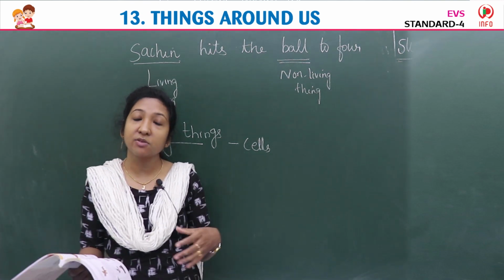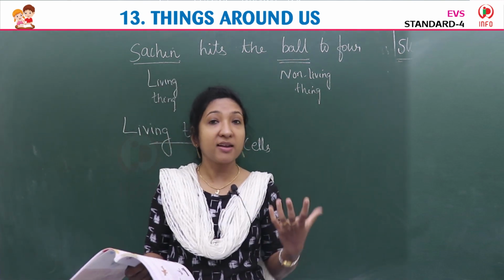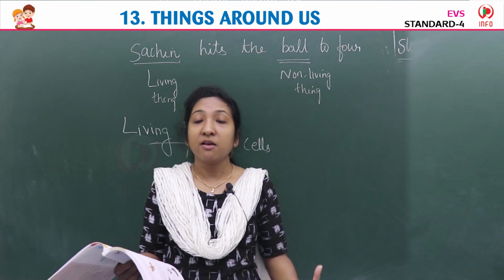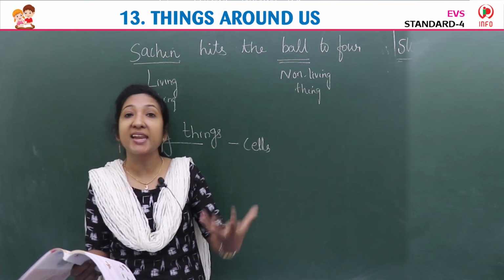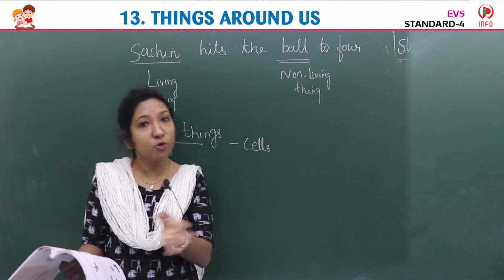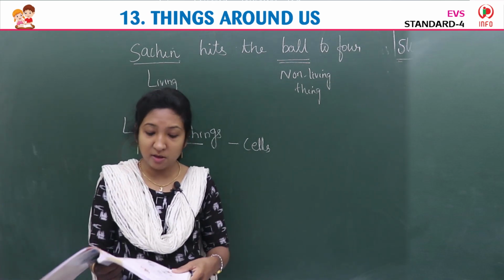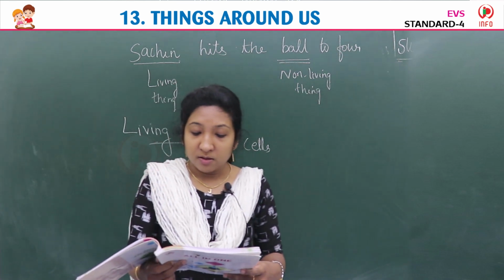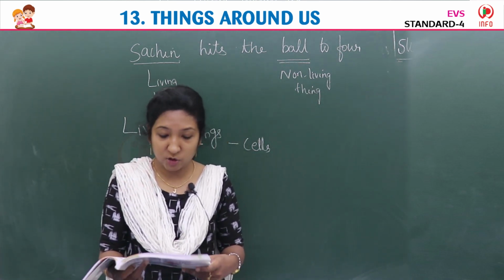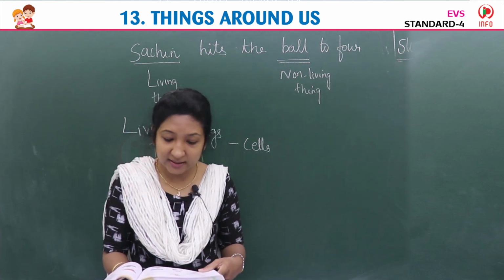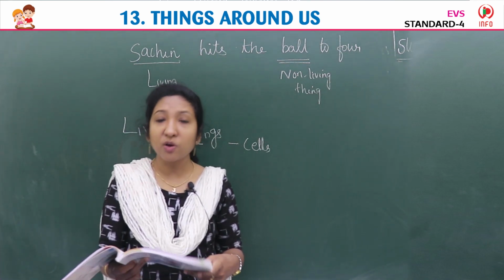So cells provide the structure of the body. When we eat food, they take the nutrients from our food and provide us energy for our growth, movement, and all the functions of the body. Some daily life examples of living things around us are human beings, animals, plants and microorganisms.